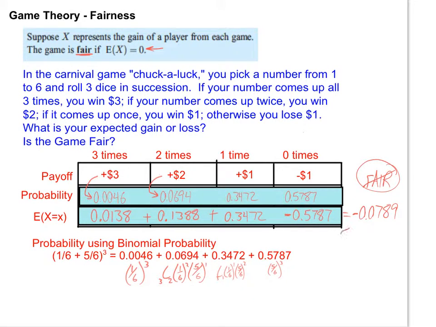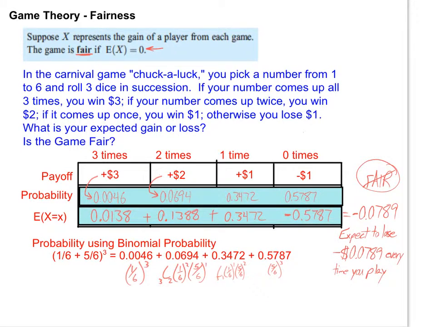So you can expect to lose 0.0789 dollars, or 7.89 cents, every time you play. Terrible game. So it's going to cost you about 8 cents almost every time you play.